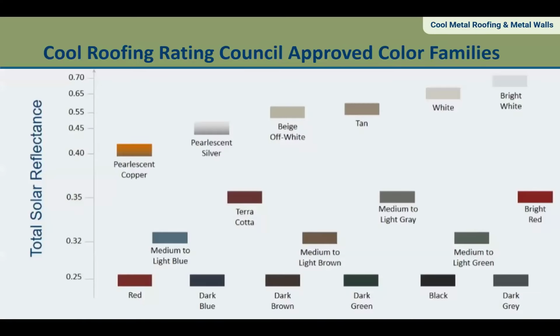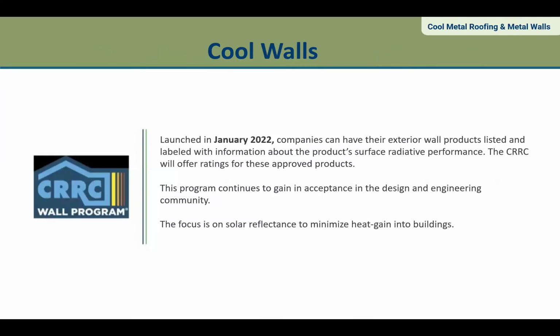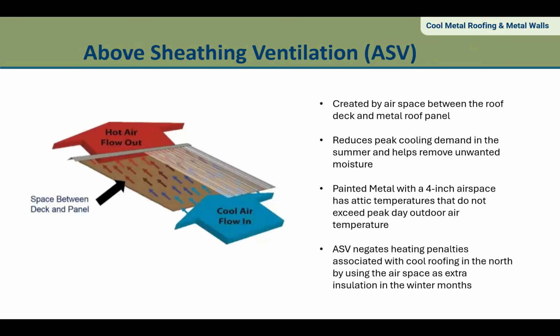Cool pigment technology has really allowed darker colored metal or darker colored paints to be used in this space and be more efficient in terms of thermal performance. Cool walls has brought this technology into cool metal roofing, minimizing that heat gain into the building. But with all of that being said, there is still thermal transfer that can occur.